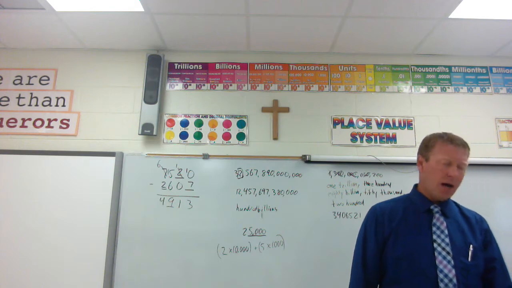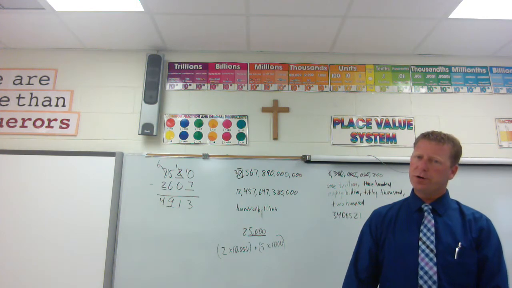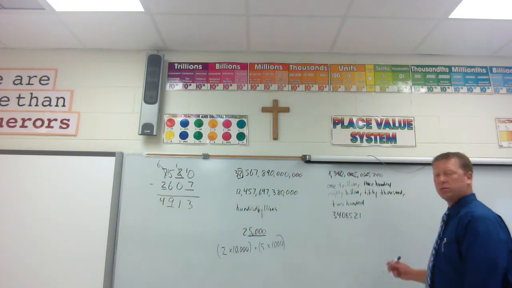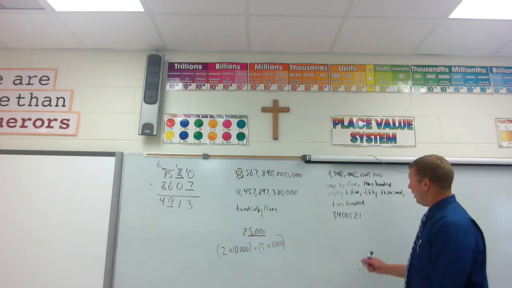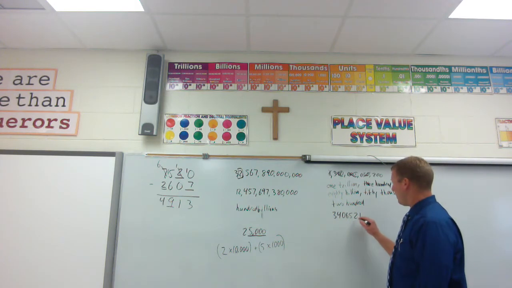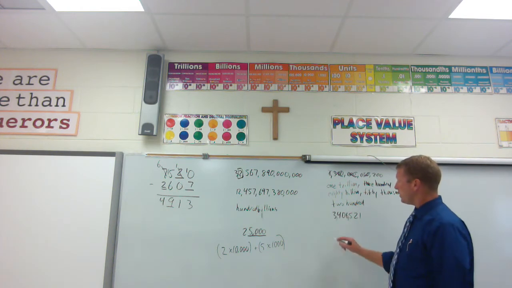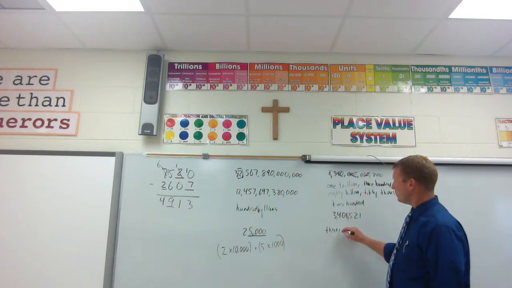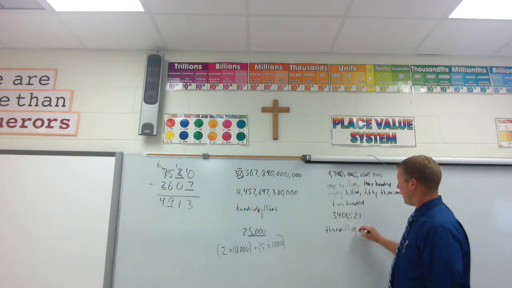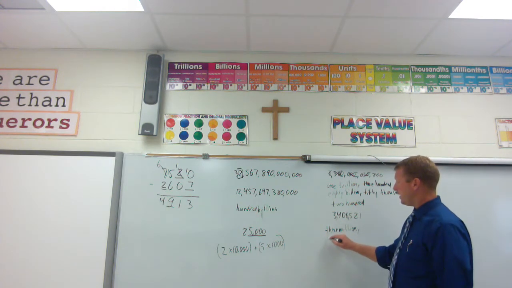Example 4 says, I'm going to make it one step harder. I want you to write in words again, but this time I just gave you a bunch of numbers. Step 1, go and add your commas, right to left. 1, 2, 3, 1, 2, 3. Then in words, that's 3 million, comma, 406.